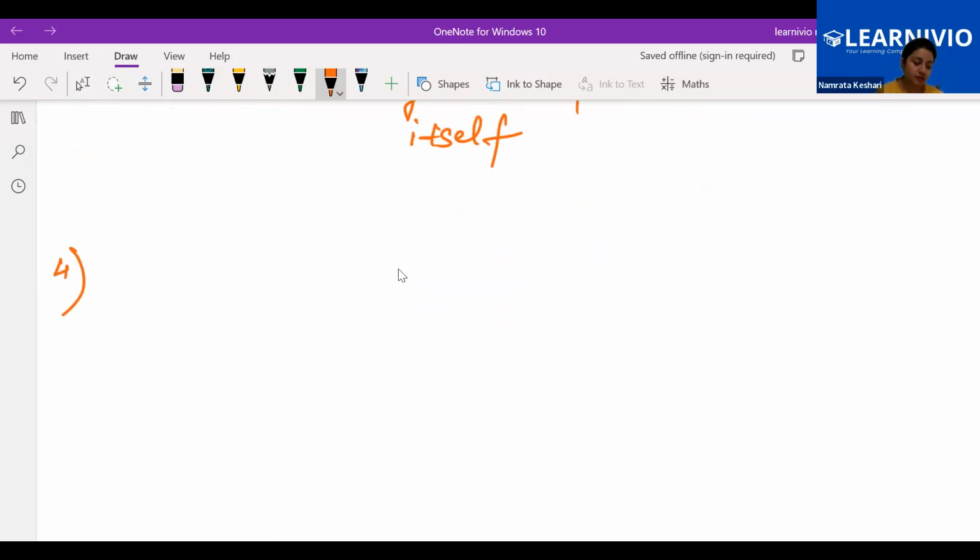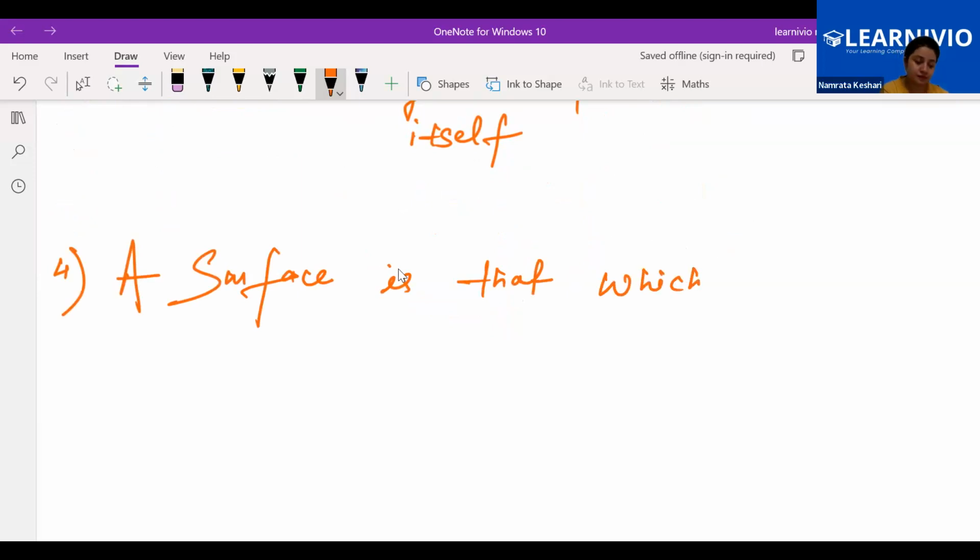Next one is a surface is that which has dash and dash only.